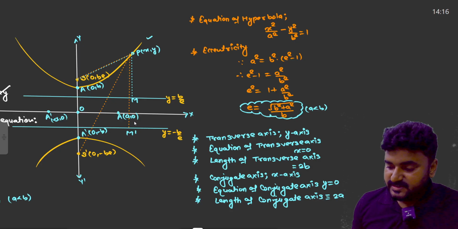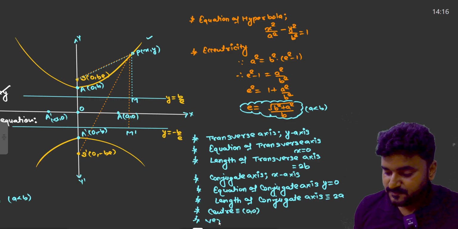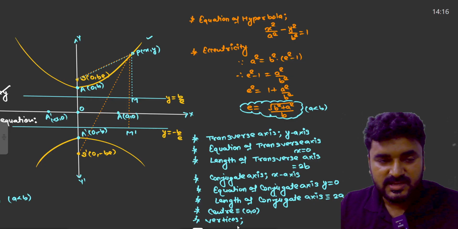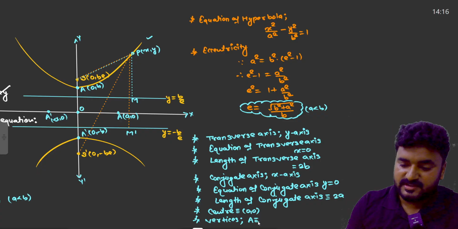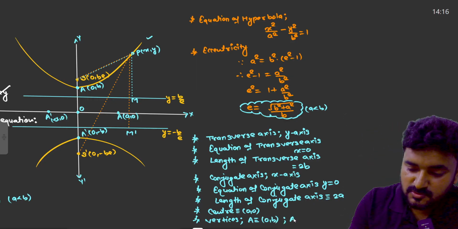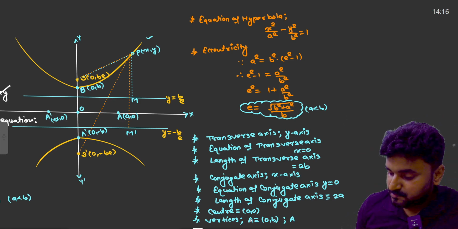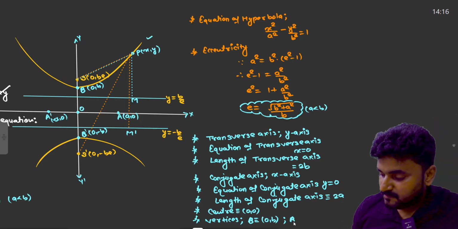After this we will get the center. The center of the hyperbola is 0 comma 0. Next, the vertices. For this conjugate axis hyperbola, the vertices are B at 0 comma b and B dash at 0 comma minus b.